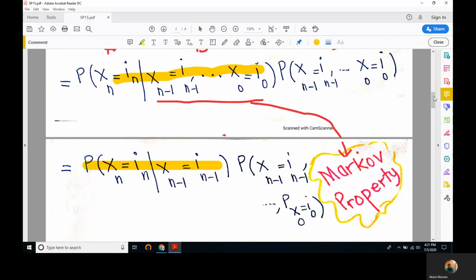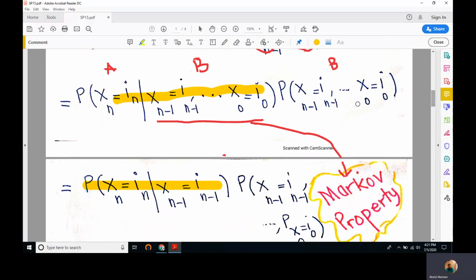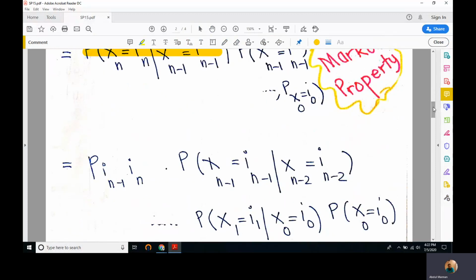Right, and this term, that is also a joint probability term, can be written in terms of conditional probability, right? I haven't written all the terms here because this probability isn't dependent on these far past events.